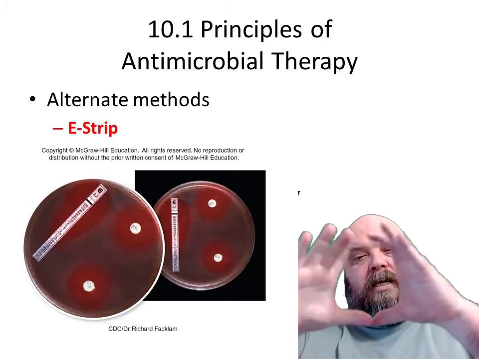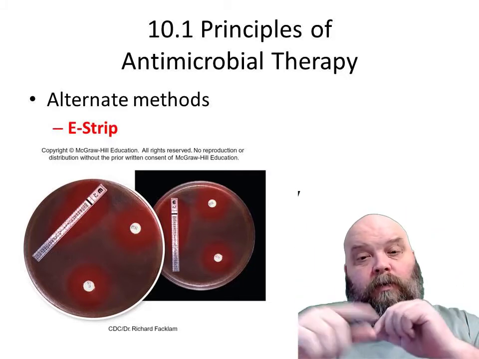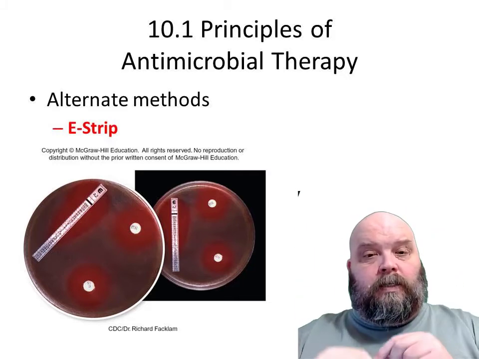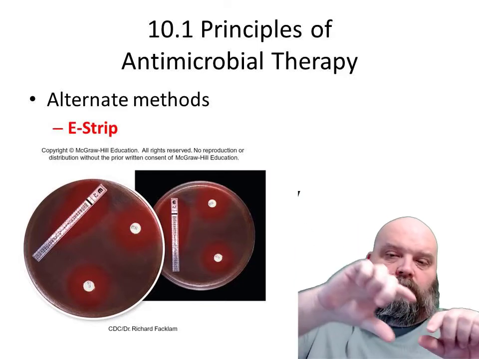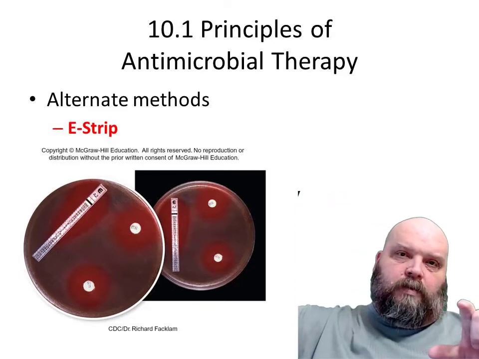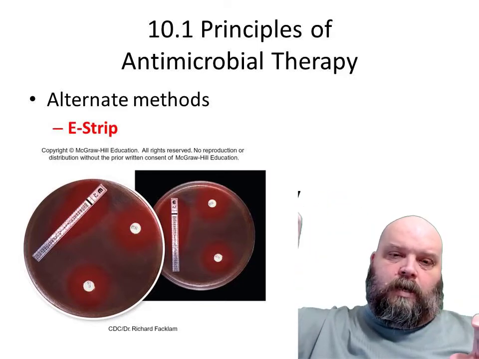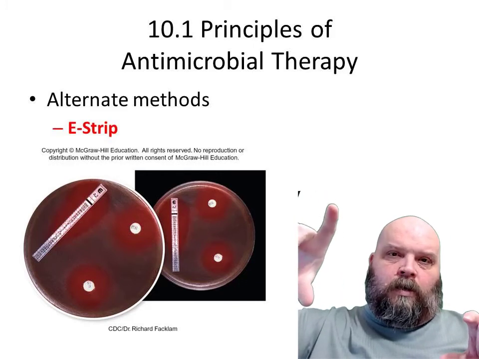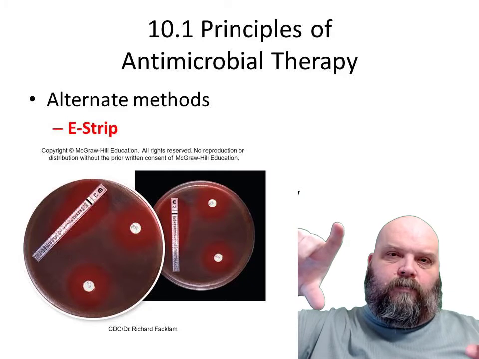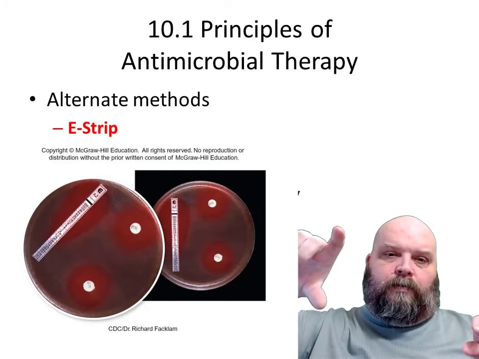So you see, instead of a nice round zone like you get with the Kirby-Bauer and the little discs, you get this spear-shaped, arrowhead-shaped zone: high concentration, greater zone of inhibition; lower concentration, grows right up to the paper.